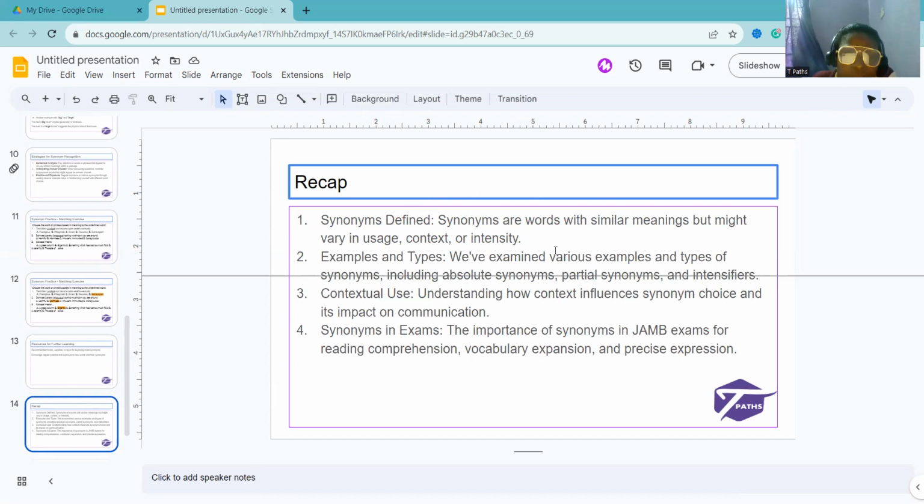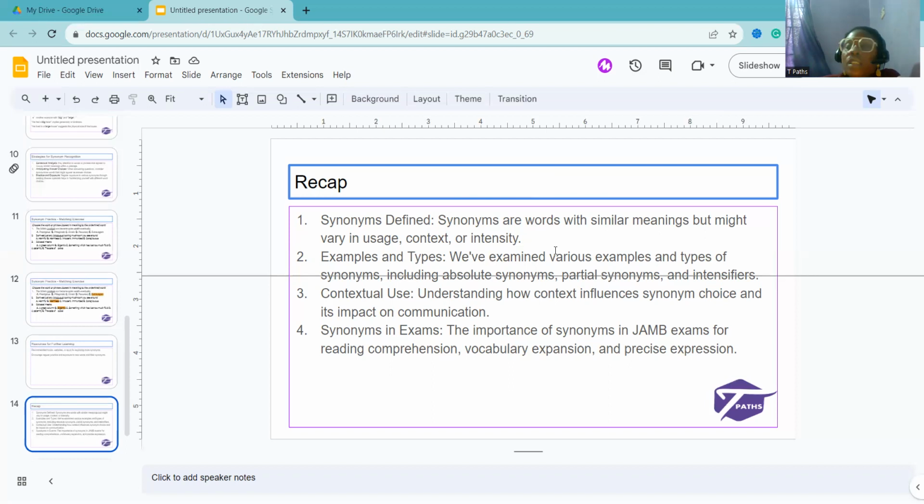Another thing we did is the examples and types of synonyms: absolute synonyms, partial synonyms, and intensifiers. The third one is contextual use, understanding how context influences synonym choice and its impact on communication. And the fourth thing is synonyms in exams: the importance of synonyms in the JAMB exam for reading, vocabulary expansion and precise expression.